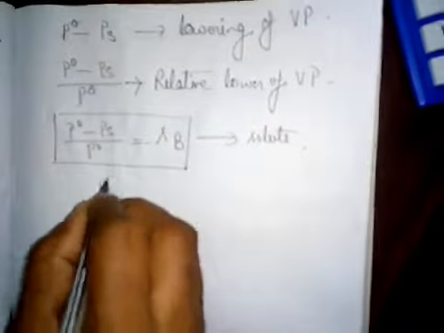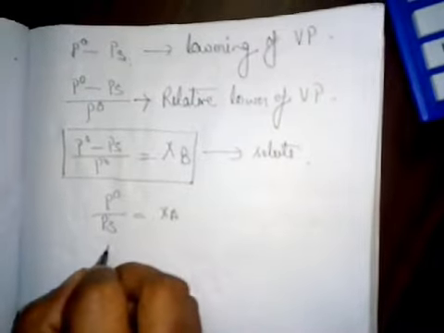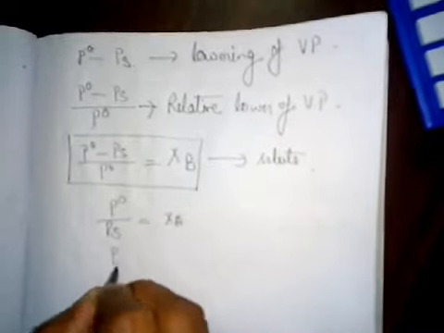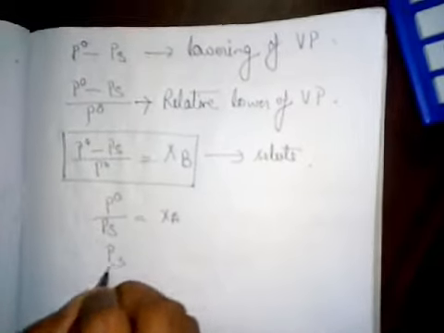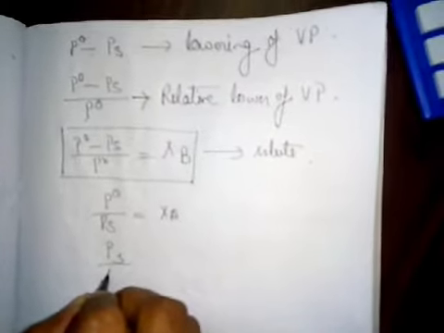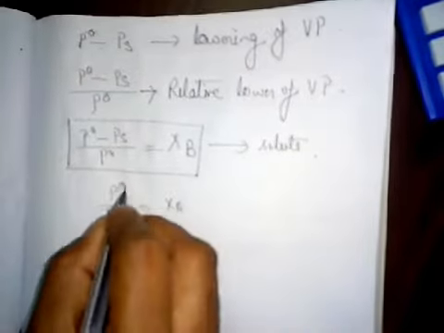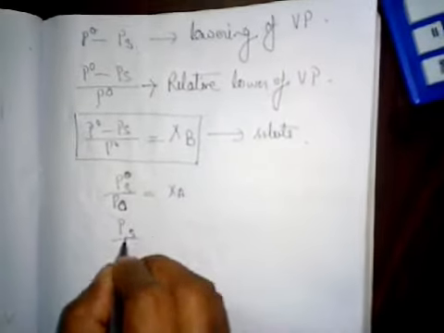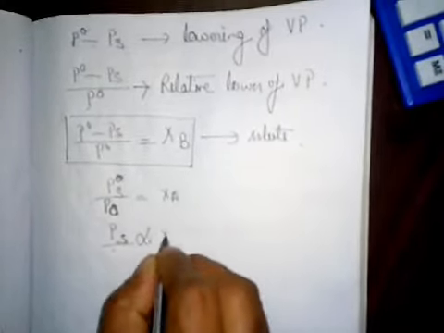We wrote P naught by Ps is equal to XA, or Ps by P naught is equal to XA, or Ps is directly proportional to XA.